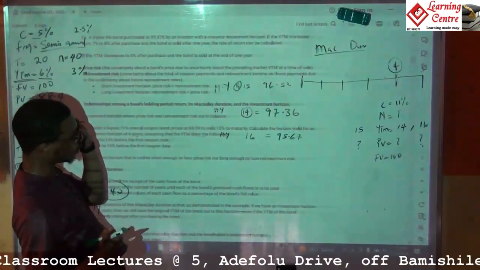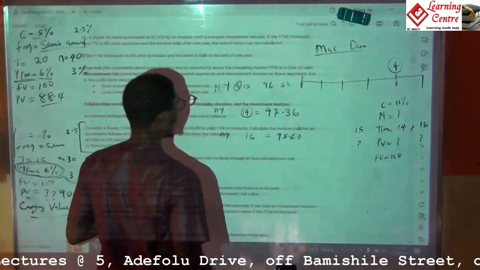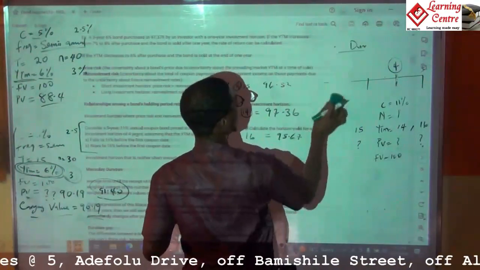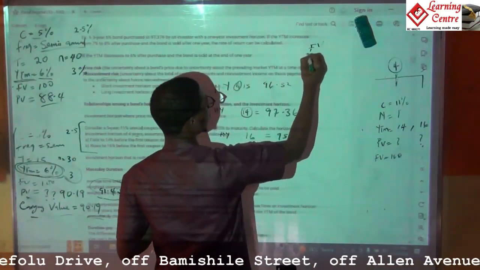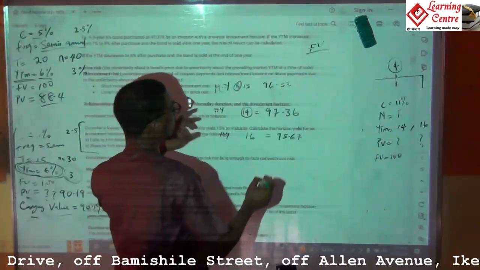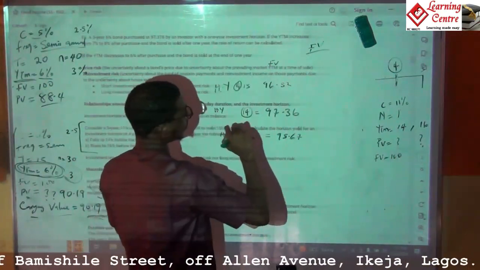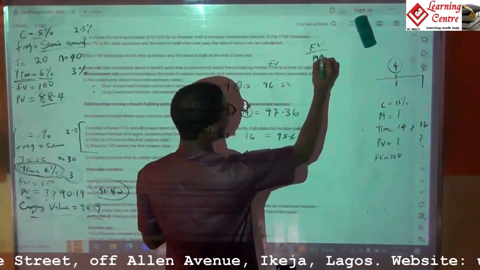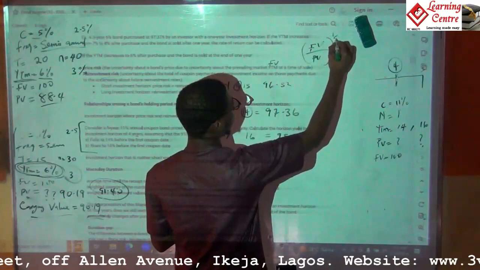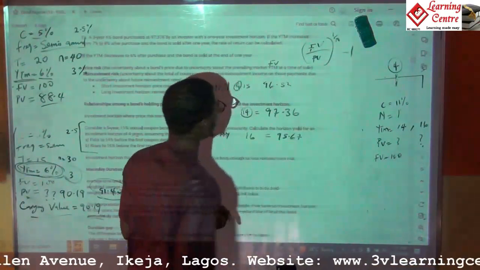Now, the next thing we do is to calculate the horizon yield. We are going to use the future value over PV, to the power of 1/n, minus 1.